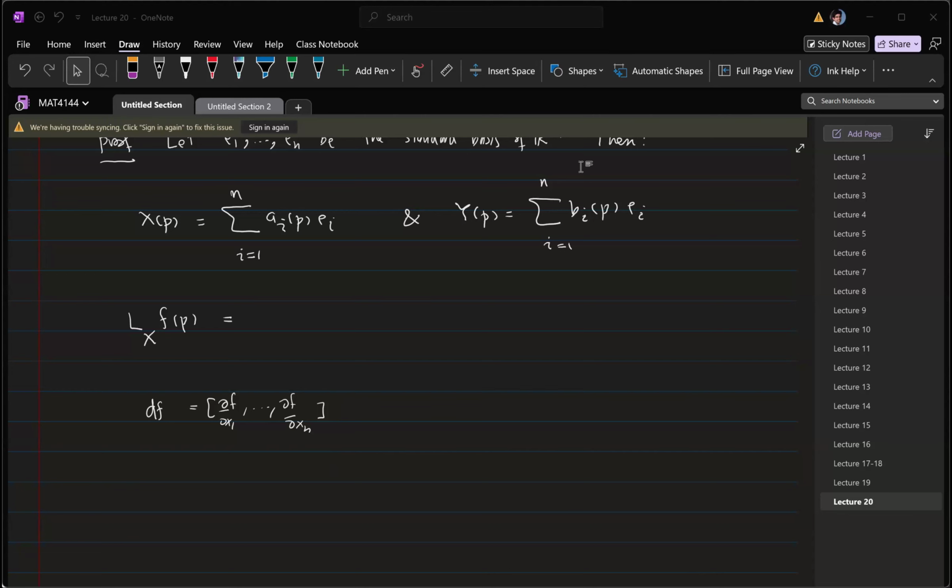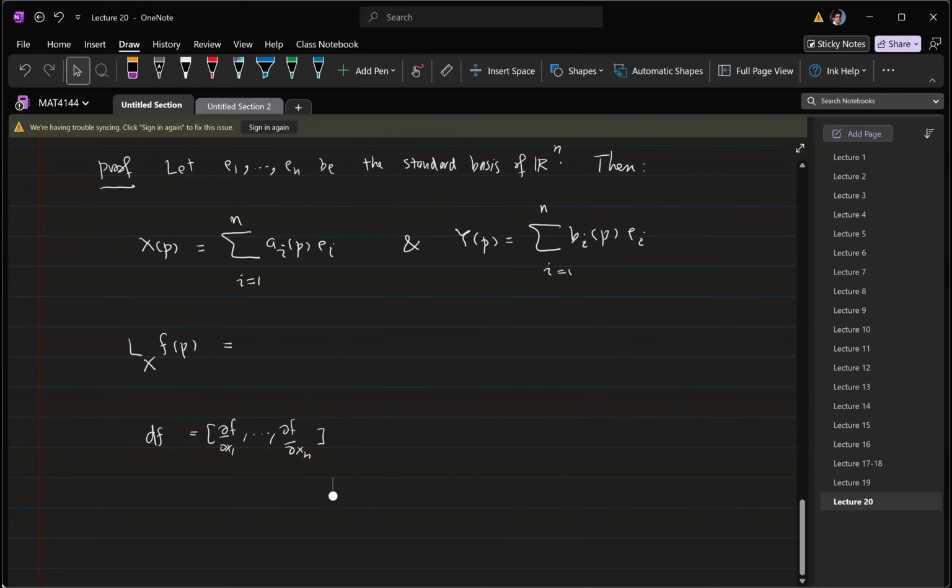Okay, so the derivative is just this vector. It's the gradient, right? Now you have to compose this derivative with the derivative of the flow, but the derivative of the flow is just the vector x. So you just multiply the column vector x with this row vector.